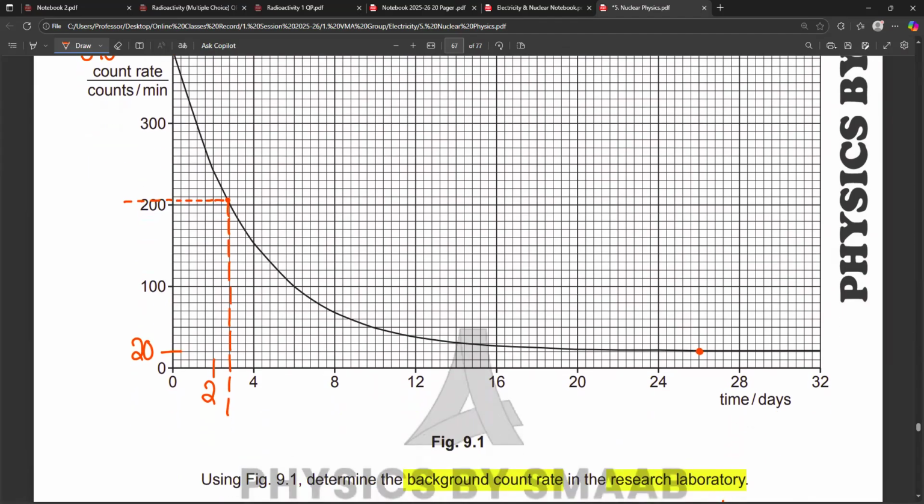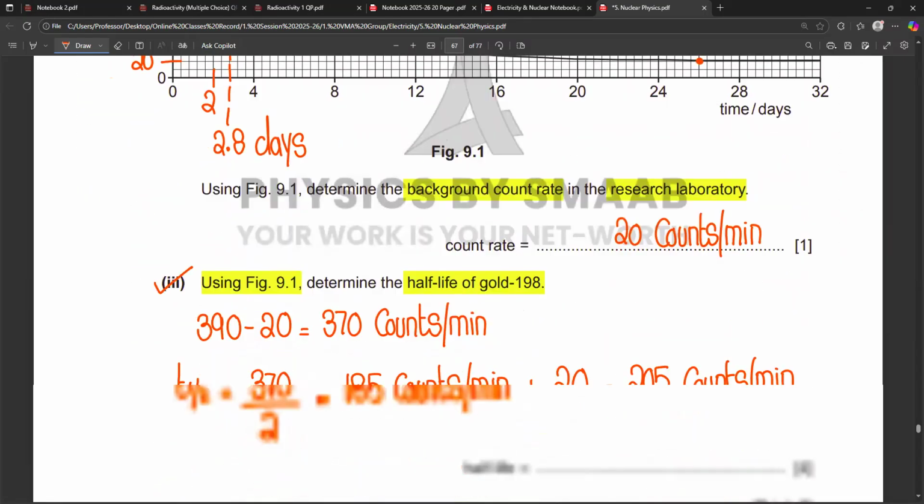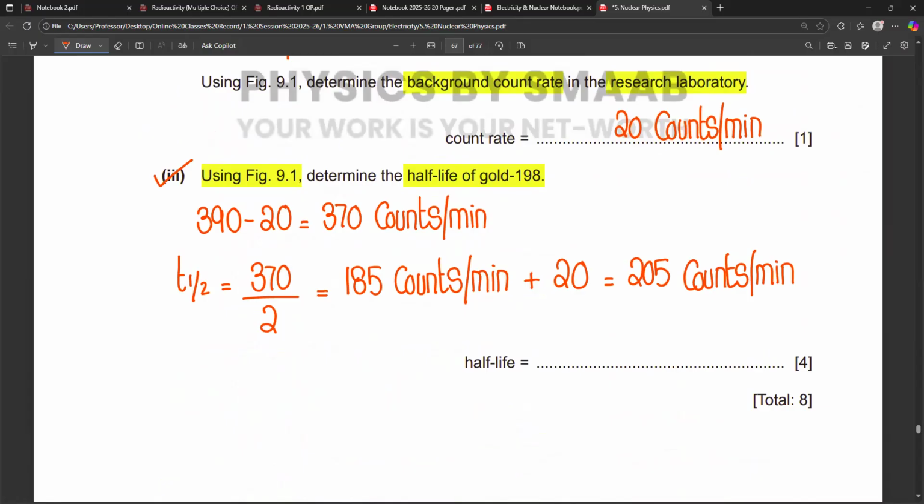It gives you the result 2, 2.4, 2.8. 2.8 days. So this is the correct answer. 2.8 days, right? This is the final answer.